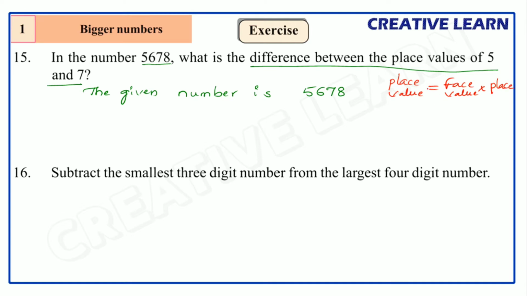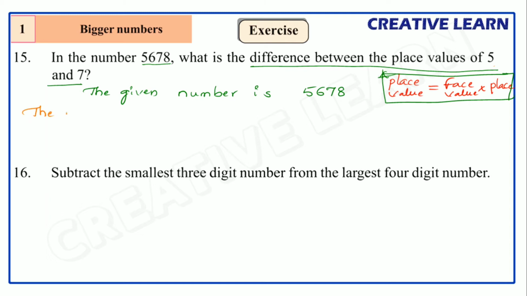Okay, this is the formula. Let's write the solution. What's the question here? Difference between the place values of 5 and 7. First of all, we have to identify the place value of 5 and the place value of 7.